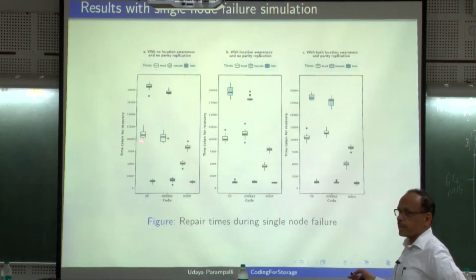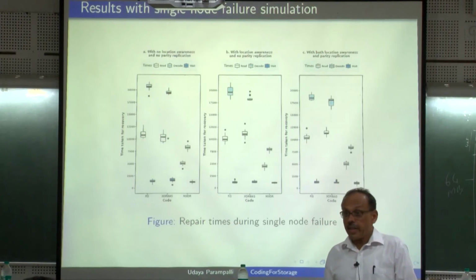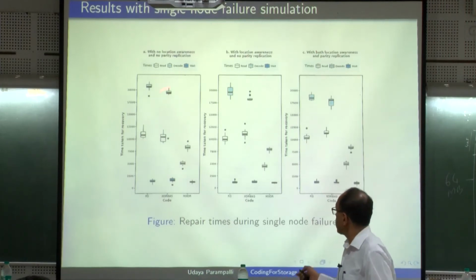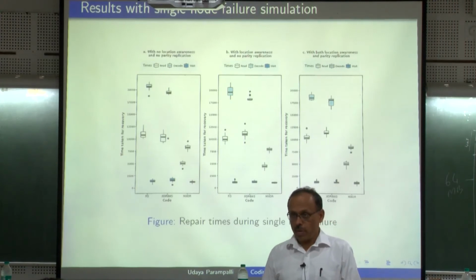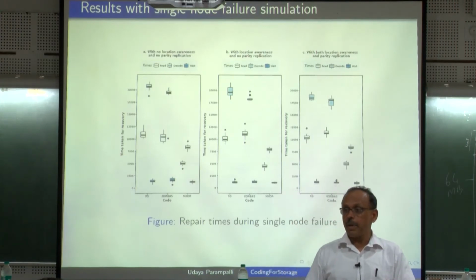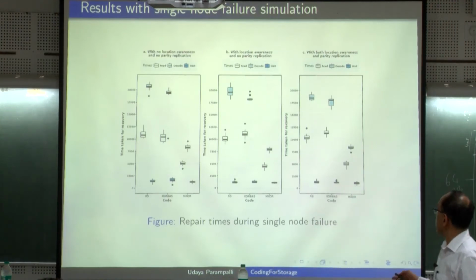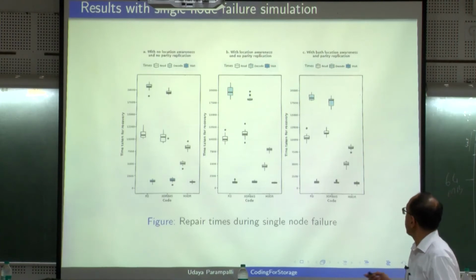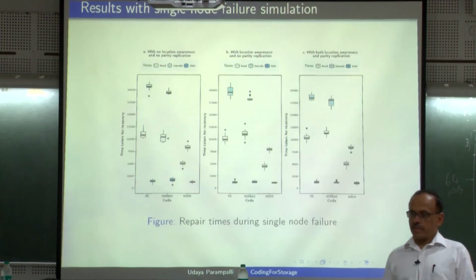However, because of the LRC, if you make use of the location awareness. At the moment Hadoop doesn't take into account any aspect of the code. It just treats every node randomly and places randomly. Whereas with single node failure, this is only to show that parity replication and location awareness make some improvement.